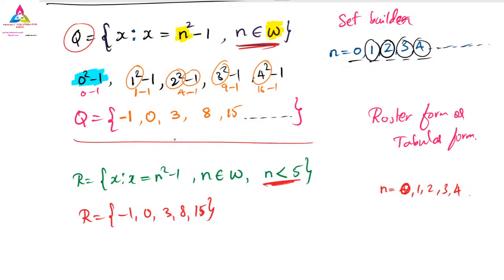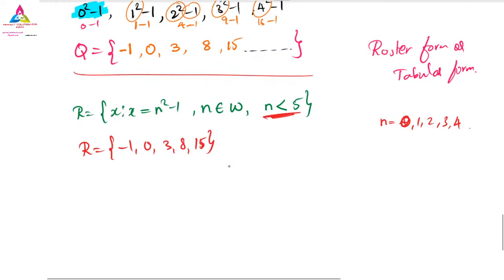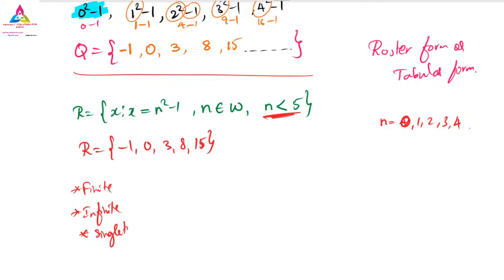In the next class we are going to learn the types of sets. We have lots of sets, so there we will have one confusion. The first one is finite. Second is infinite, that we have already learned. Third one is the singleton, also called a unit set.